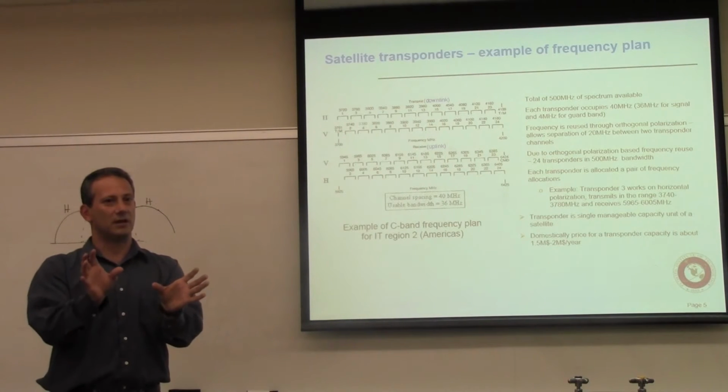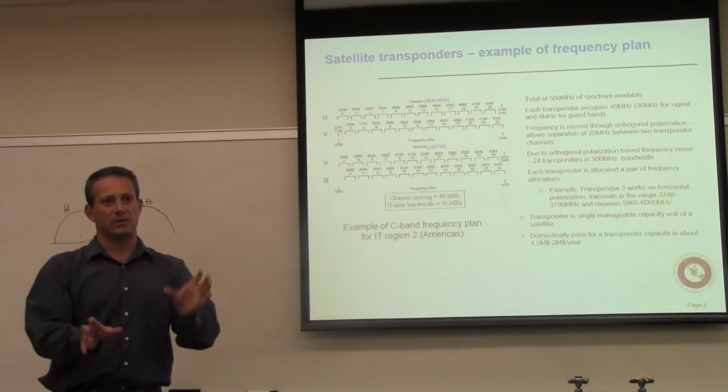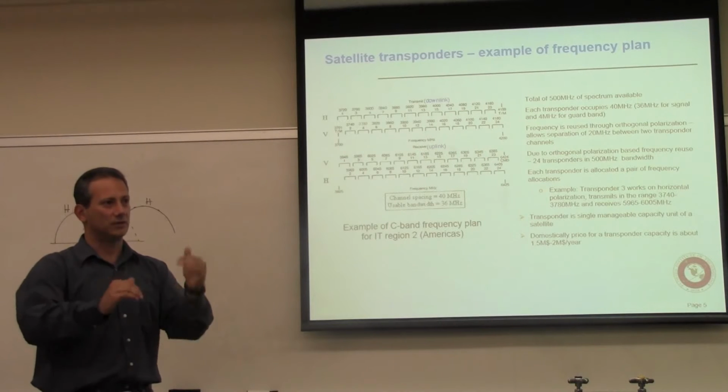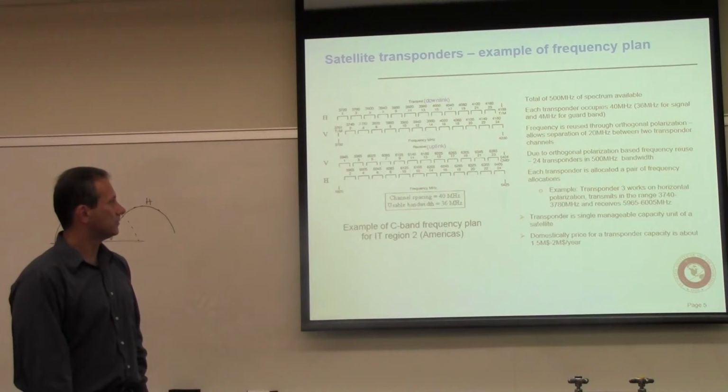And you cannot allow, and we'll go through that later, vastly different powers, because one can overpower the other. So you have to have tight management of both power and out-of-band emission.